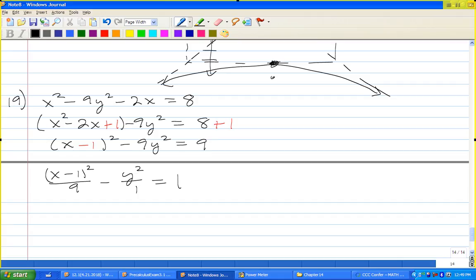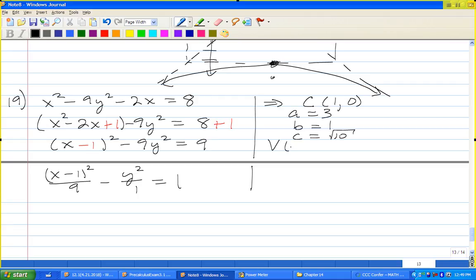So in this case, the center is at the origin. No, it's not. It's at 1, 0. So the center is at 1, 0. A is 3. B is 1. C, 9 plus 1 is 10, so the square root of 10. So my vertices are at the x is positive, so it's going to be 1 plus or minus 3, 0.